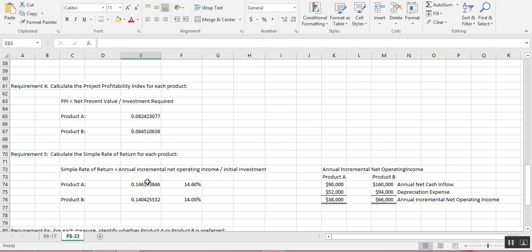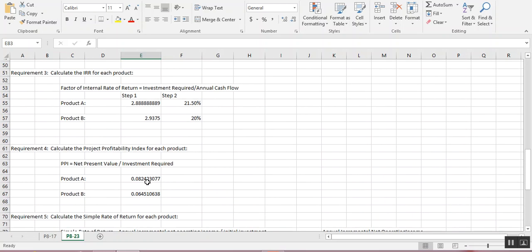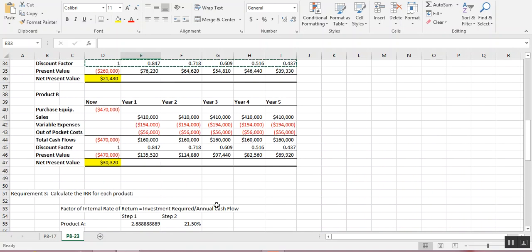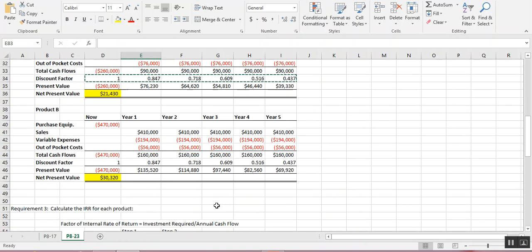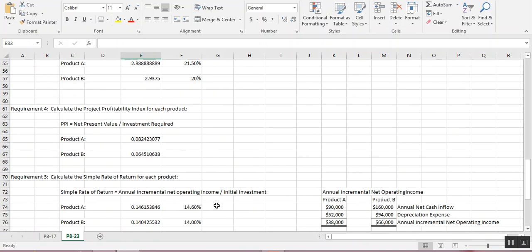Let's look at profitability index. So where was that? There it is. So that was requirement 4. Profitability index for product A is 0.082, and for B is 0.0645.